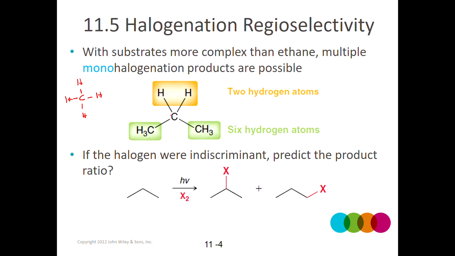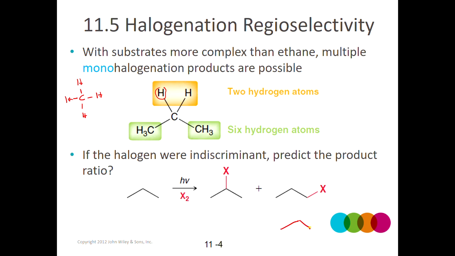But here I've got propane. I've got 2 different types of hydrogens. Right? Due to symmetry, these 6 hydrogens on the methyl groups are equivalent, but these 2 are unique or different from the other 6 because if I replace one of these hydrogens with a bromine or a chlorine, I would get this structure. If I replace one of the 6 hydrogens on the outside, I would get this structure, right?